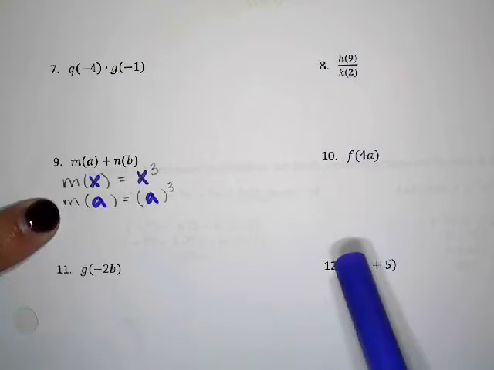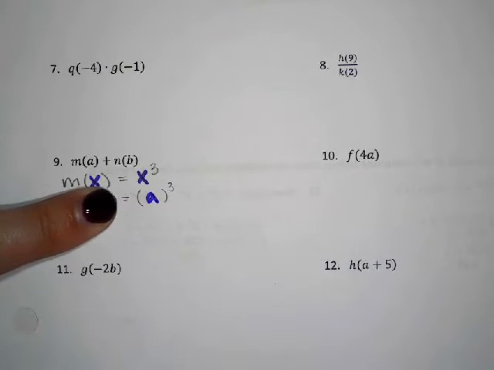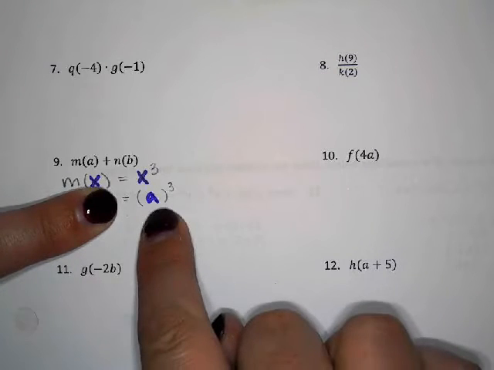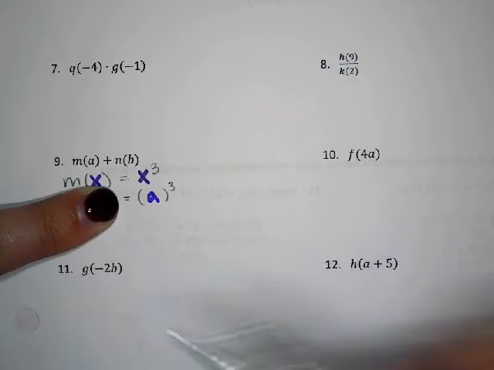And so here I have a in parentheses to the third, which literally just means a times a times a. And what's a times a times a? A to the third. So this is a problem where the parentheses didn't really make a difference for us. We put it in parentheses, but we technically didn't need them. So I'm just going to copy it down, a to the third.